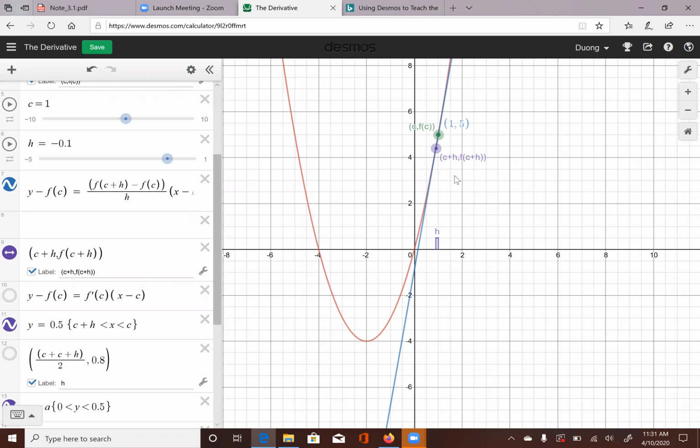You can see that when h is decreasing and goes to 0, we have a good estimation of the slope of the tangent line. In fact, using this limit process, as h decreases to a very small number very close to 0, you will get the slope of the tangent line of a function at a point.